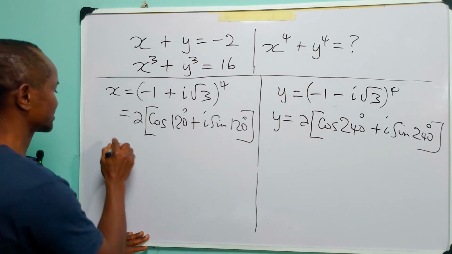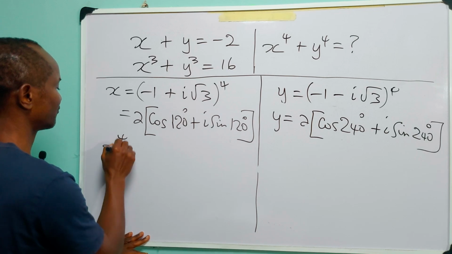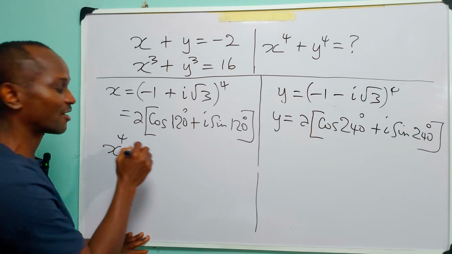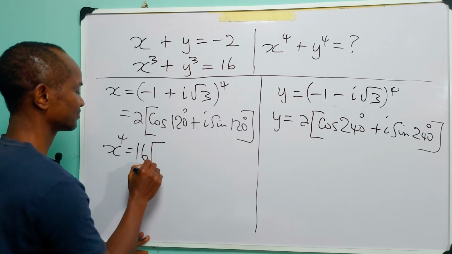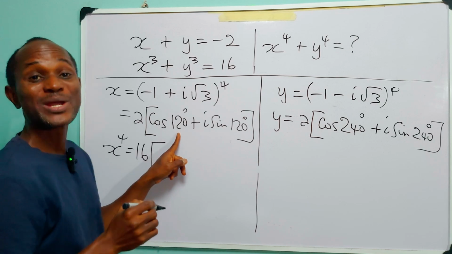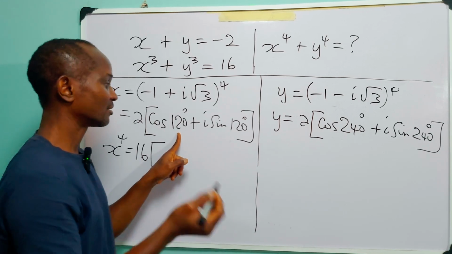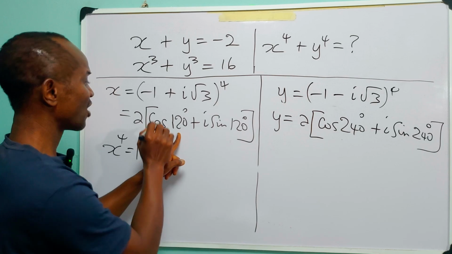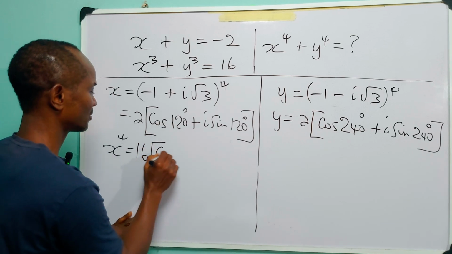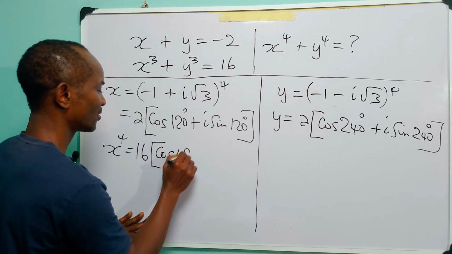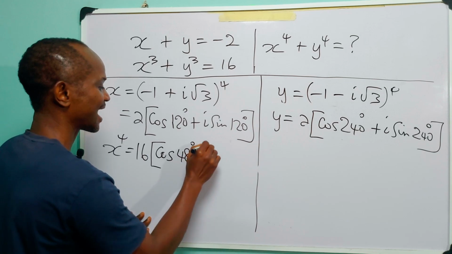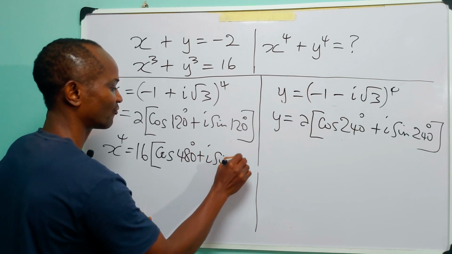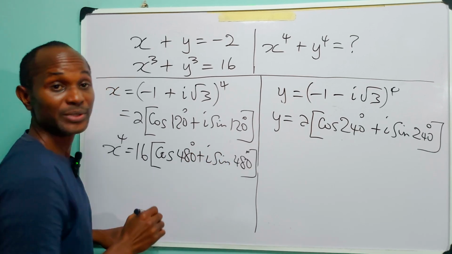So here we have that x raised to power 4 is equal to 2 raised to power 4, which is 16. And 120 times 4 is 480. So we have cos 480 plus I sine 480 degrees.